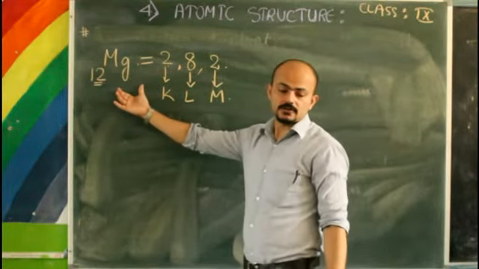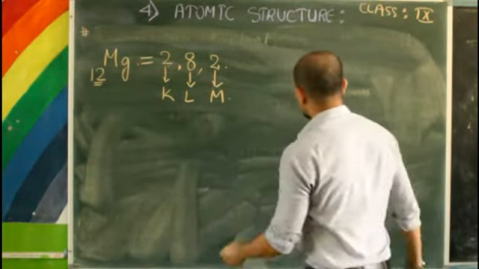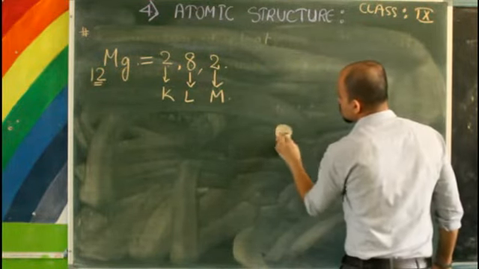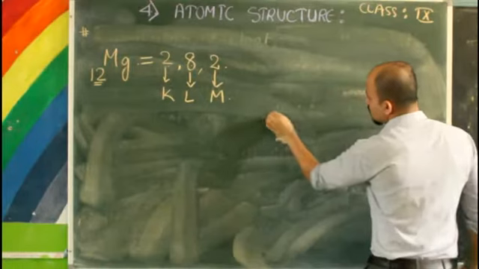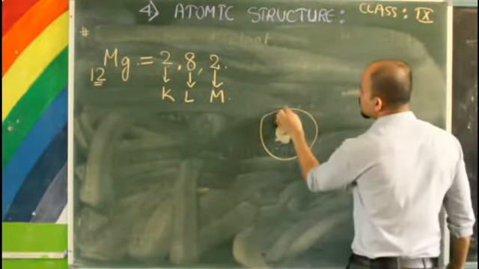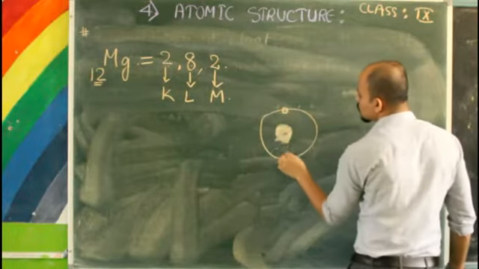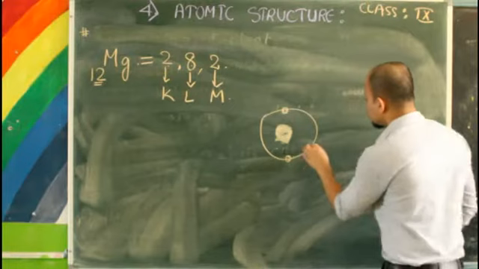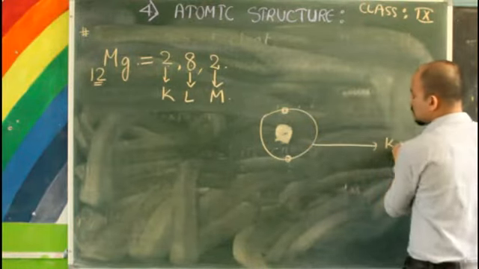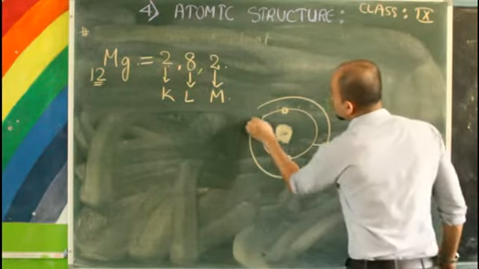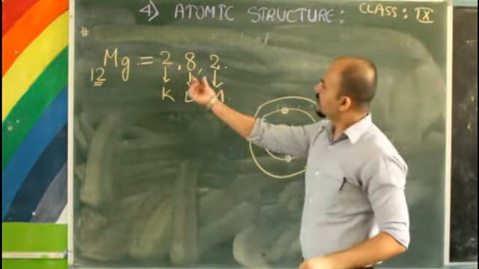Now, let's draw the structure of magnesium. Here, at the center, you have protons and neutrons. Now the first cell will have how many electrons? 2 electrons. So this is the K cell. The second one will have how many electrons? 8 electrons.